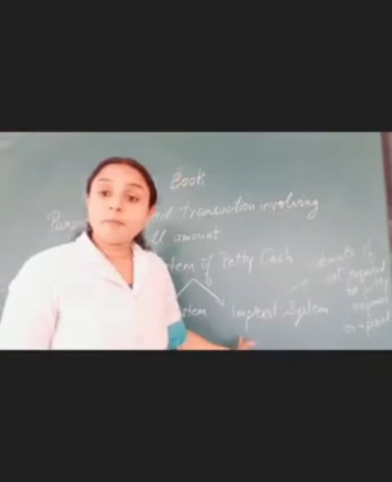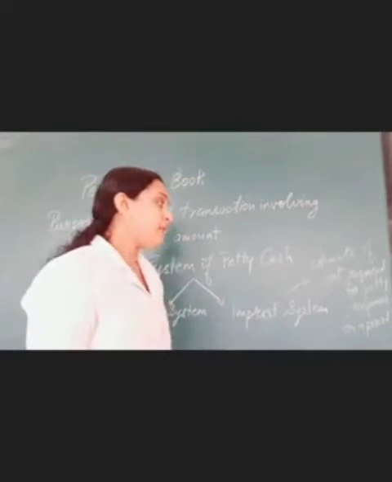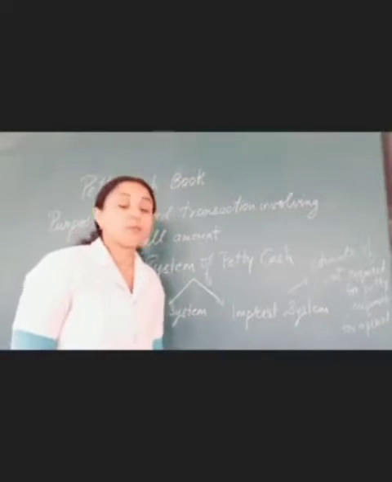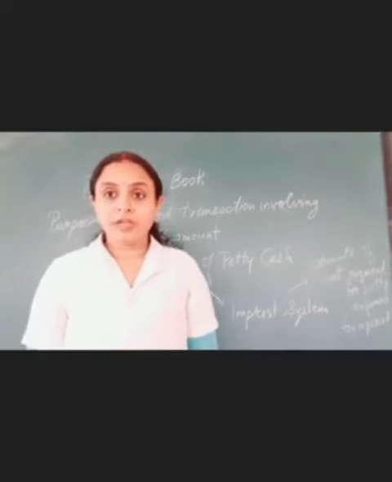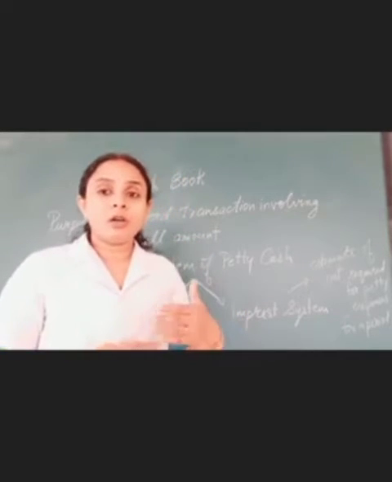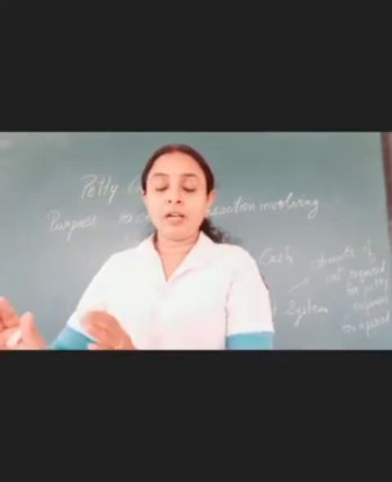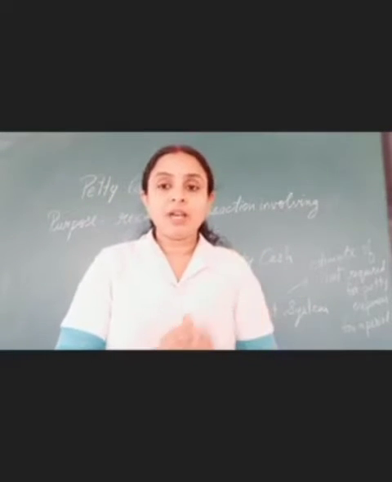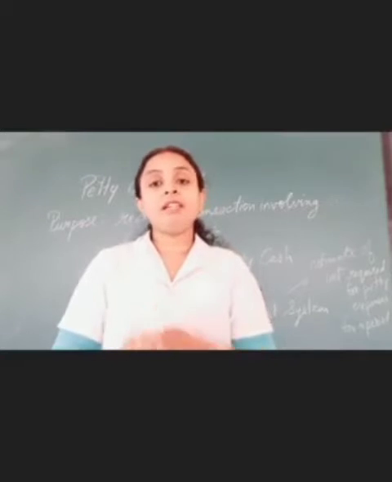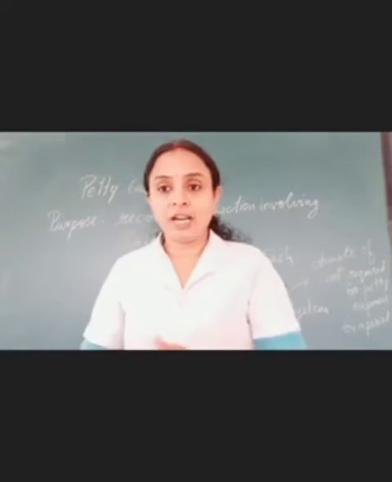Under Imprest system of petty cash book, an estimate of the amount required for petty expenses for that period is made. That is, how much amount is required to meet these petty expenses during that particular period, that estimate is made, and that estimated amount is handed over by the head cashier to the petty cashier.